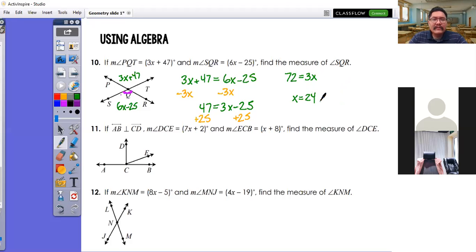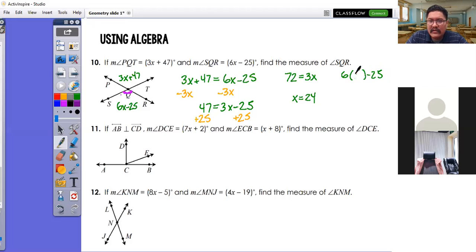All right, so that helps me know what x is, but remember it says what is the measure of SQR. It doesn't say find the measure of x, it says find the measure of this thing here that I highlighted in purple. So let's take this, which again, both would work because they are vertical angles and they're congruent. But I'm gonna just stick with the one that is given to us.